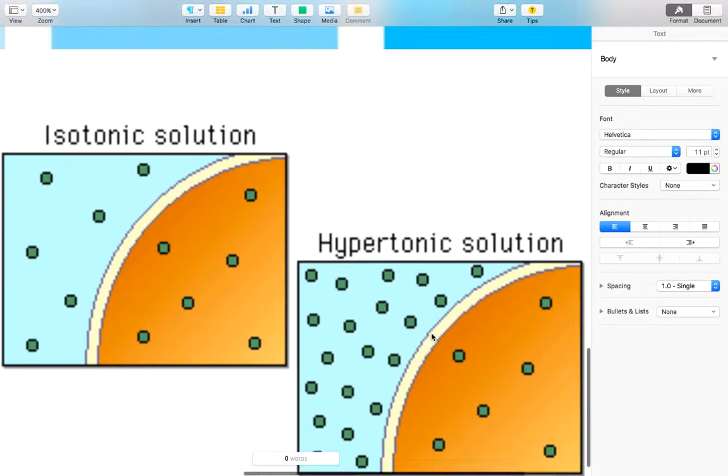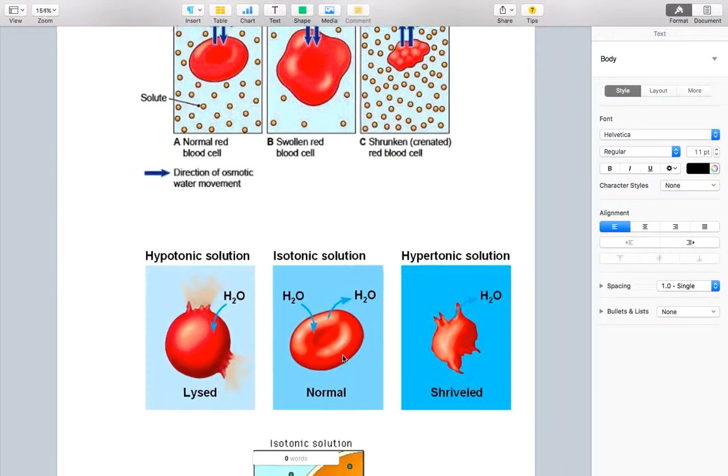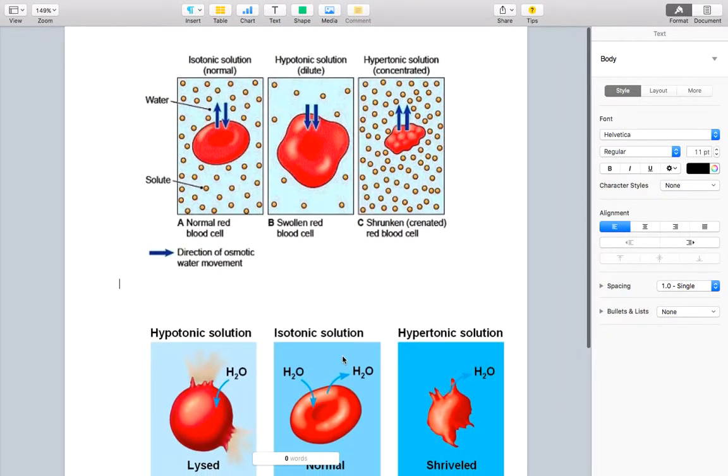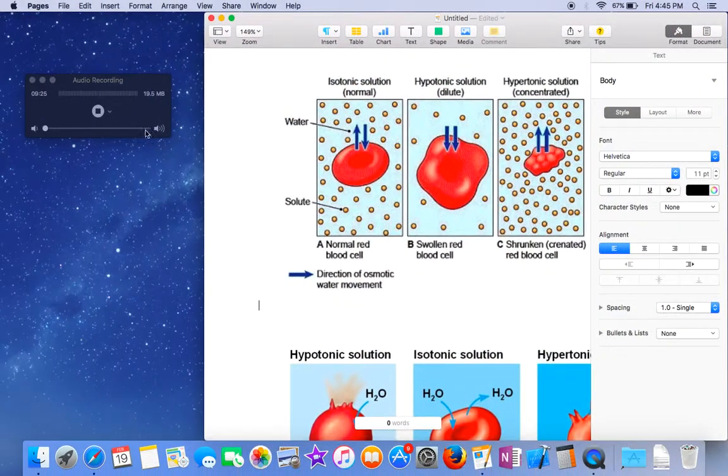So that's basically what osmotic movements mean, what osmosis means, and so there you have it. Osmosis is basically mostly what happens between cells.